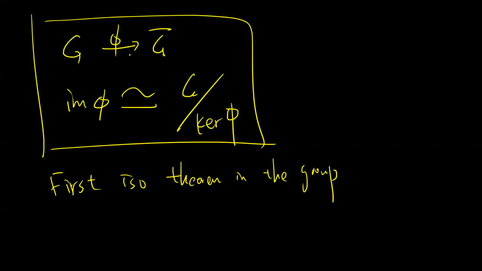Okay, so proof. We need to establish this map. Since in the original theorem this is the image, I can replace it with surjective, because I already know that the image of phi must be a subgroup.